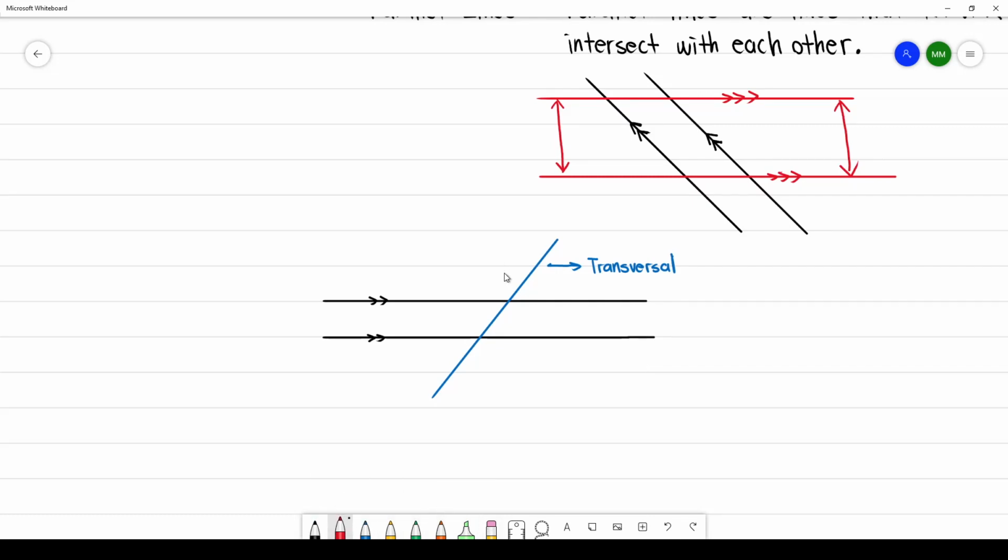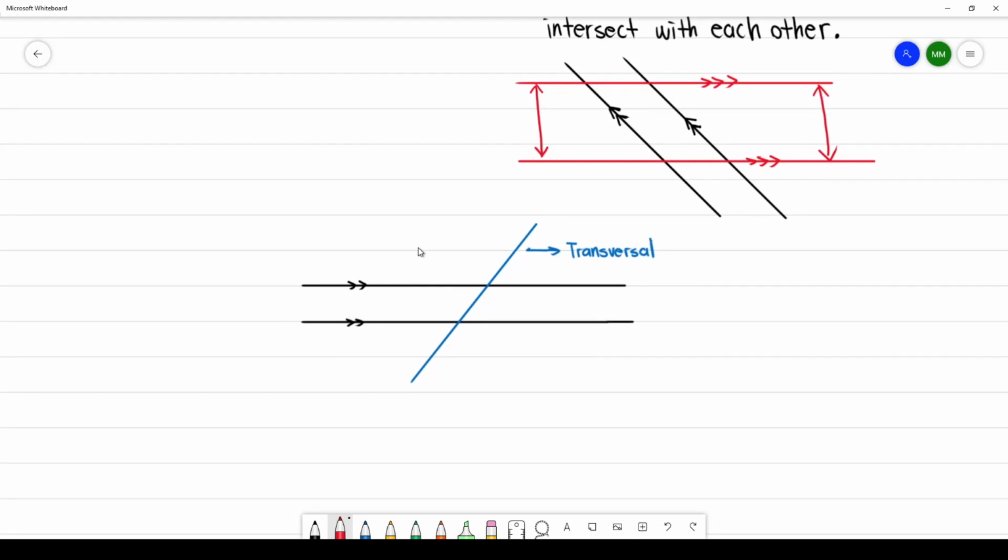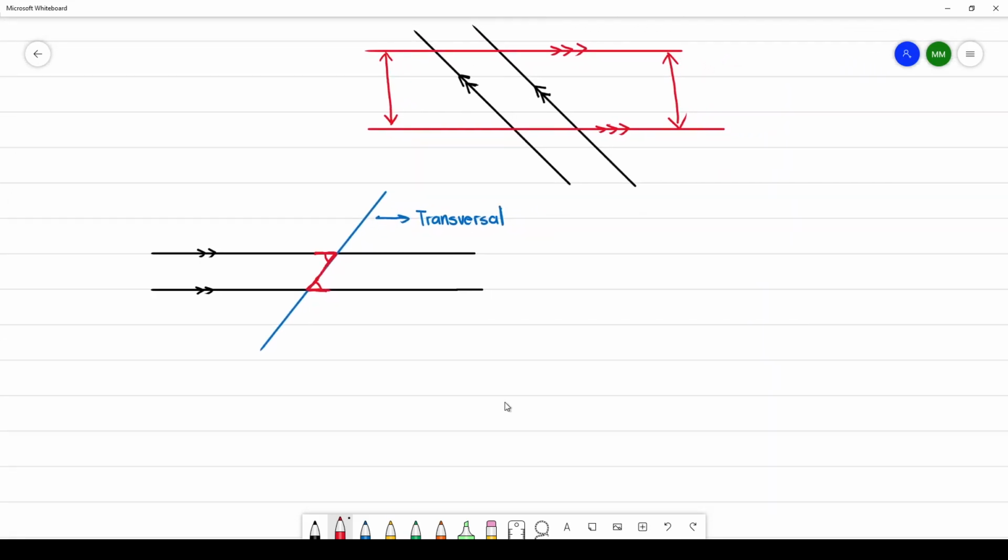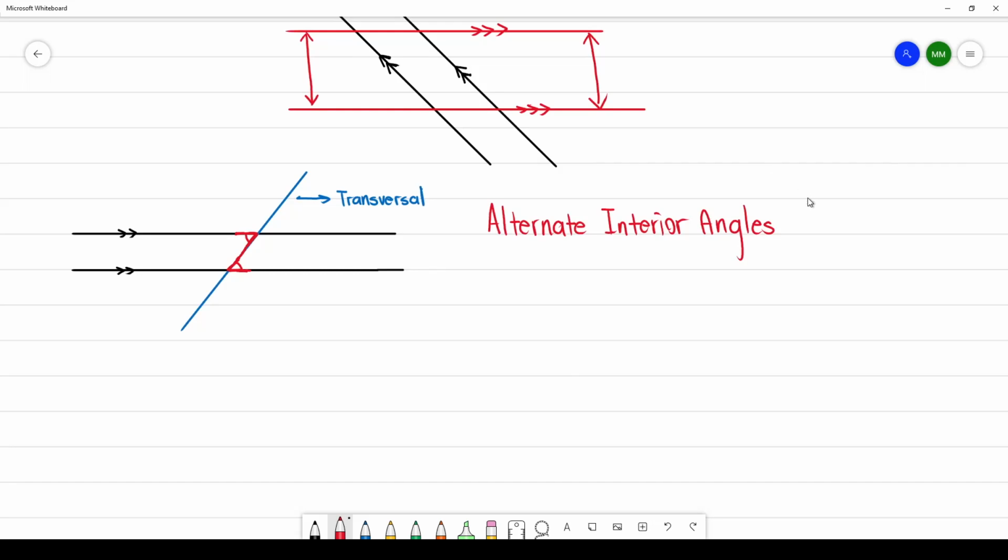So I'm going to tell you first that this angle over here and this angle over here are equal. The red ones are called alternate interior angles, and alternate interior angles are equal.